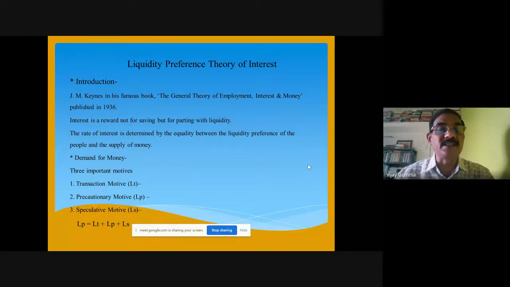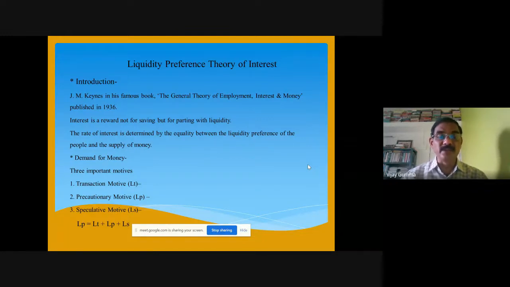We know that people receive income at regular intervals. During the interval, current transactions must be made, and therefore, to meet the day-to-day needs of the people, like purchasing vegetables, milk, newspaper, hiring labor on daily wages, as well as purchasing raw material, a certain amount of money in the form of cash is required.